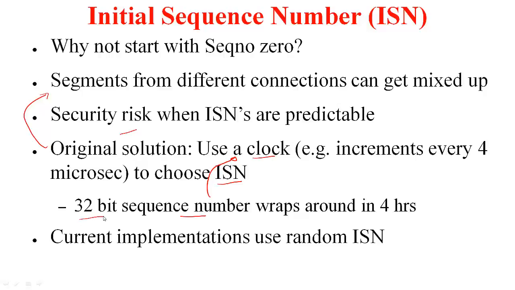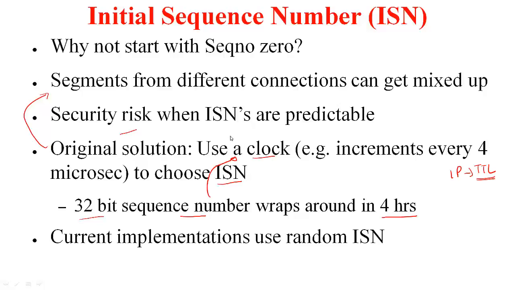And given that it is a 32-bit sequence number, how long will it take for the number to wrap around? Roughly 4 hours. By this time, the older packets would have definitely been removed from the network, because as I mentioned at the IP layer, these packets do have a time to live field. They are not going to live in the internet forever.